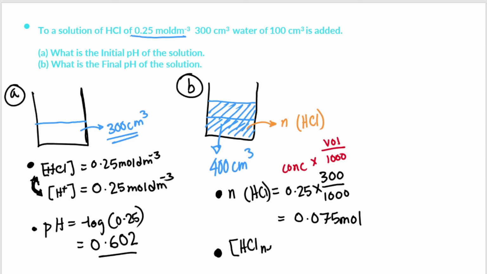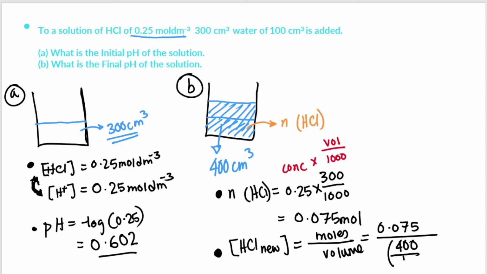Since more water was added, concentration is moles by volume, which is 0.075 by 400 by 1000. We're using the new volume because we're finding the new concentration. The concentration comes to be 0.1876 moles per dm cube.